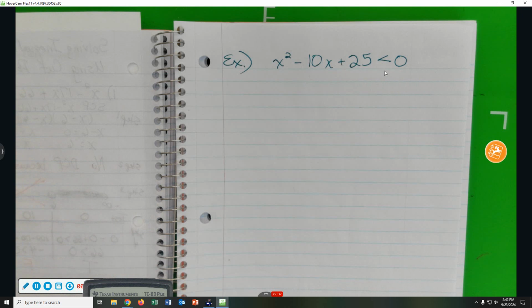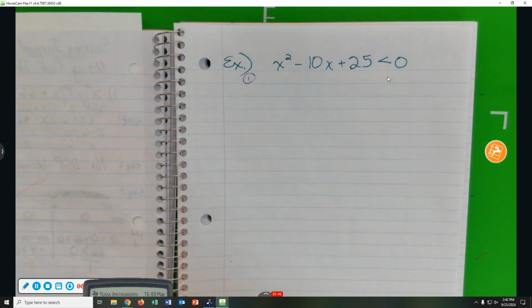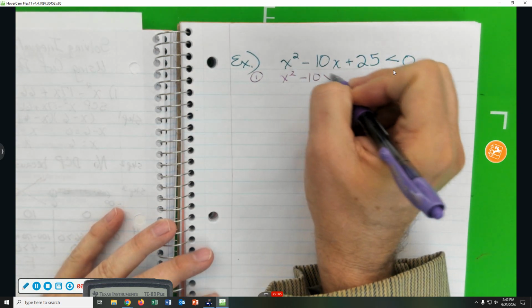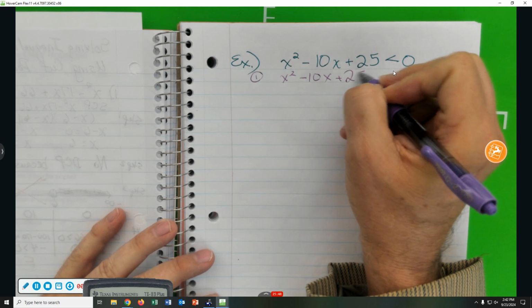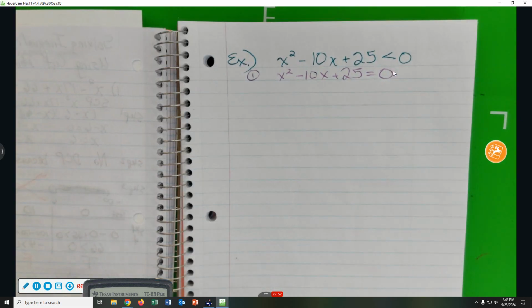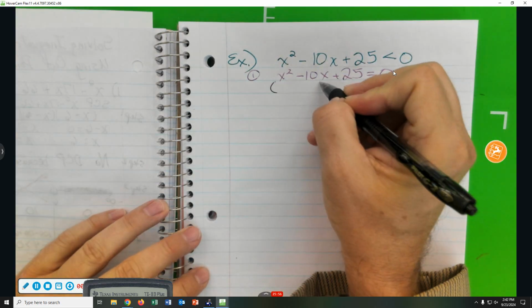Then maybe it's less than. Okay, first step, looking back at our little recipe, you set it equal. X squared minus 10x plus 25 is equal to 0. It's perfect. Not really good. Okay, and then we can factor this.